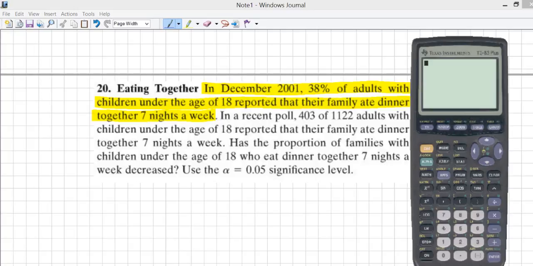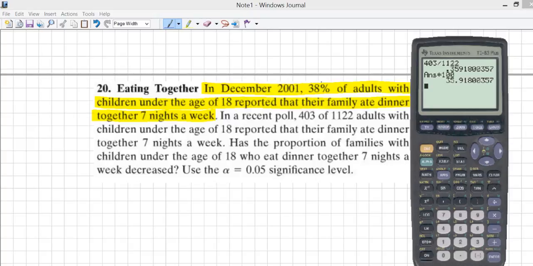Now we have 403 out of 1122, times 100. That's about 36%, right? So 35.9.